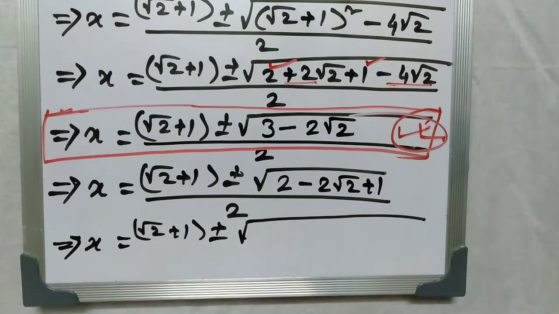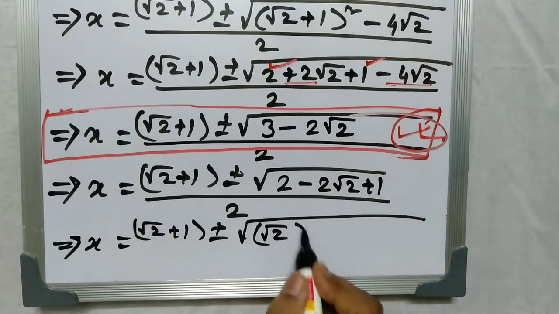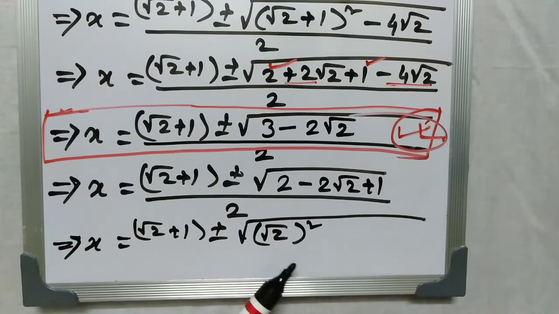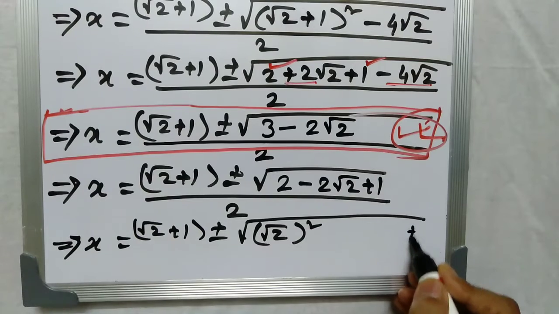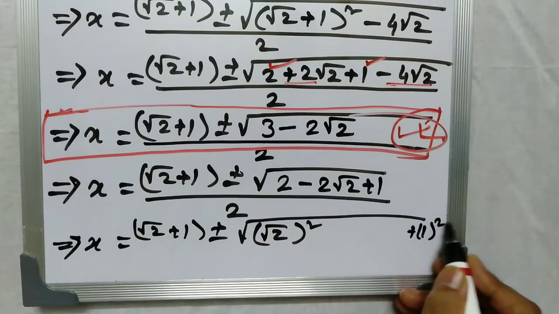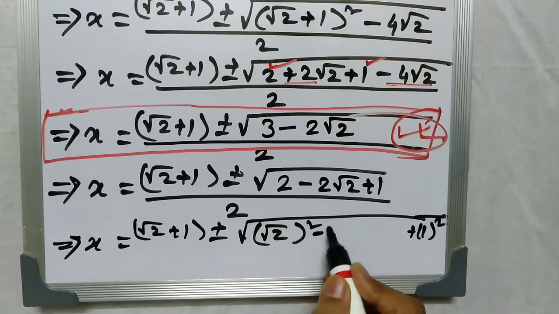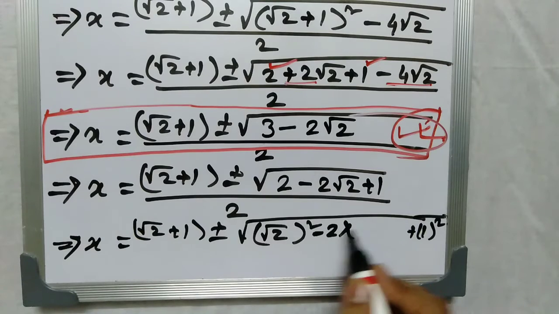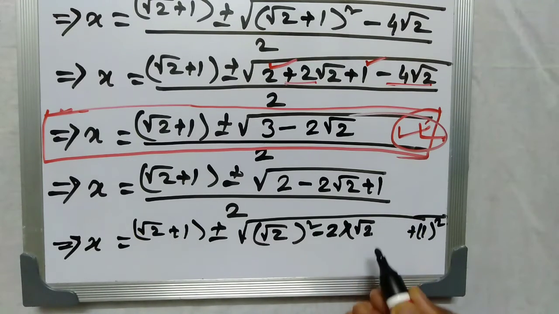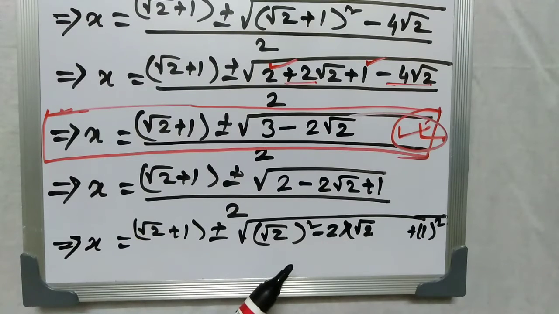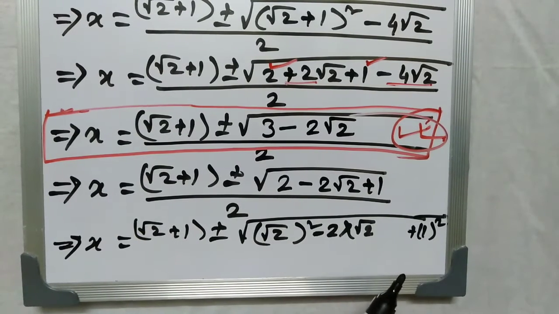We will write 2 as (root 2) whole square, because we know (root 2) whole square is 2. So (root 2) whole square, and plus 1 is whole square of 1. Here the sign is minus, so minus 2 into a. We are trying to write this in the form (a minus b) whole square, that is a square minus 2ab plus b square.